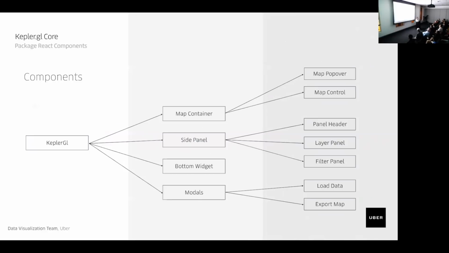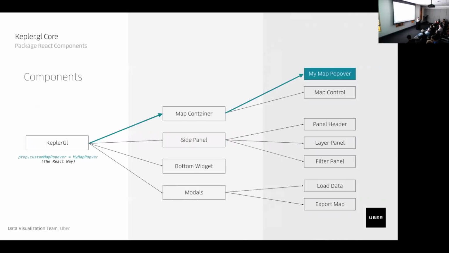And in the end, we also have this dependency injection system because Kepler.gl is a giant component that has 40, 50 different smaller components under the hood. And the use case always comes to us, for example, someone says, I want to render the map popover just a little bit different. And how do we do that? Because there's only one single entrance to your components.